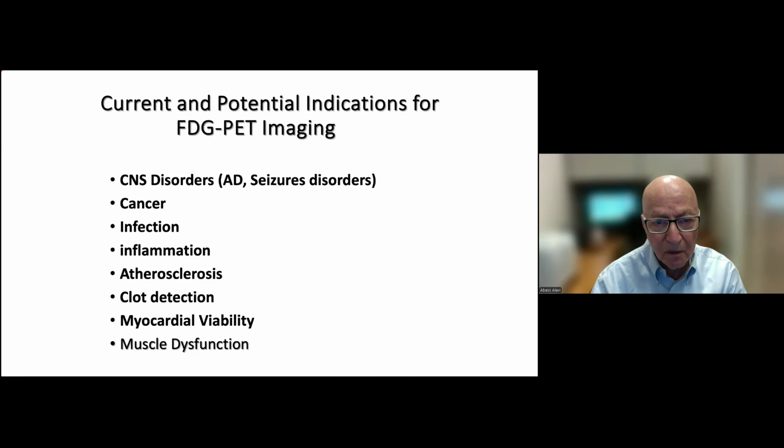FDG PET was introduced by investigators at Penn to look at central nervous system disorders, and then later we realized that cancer cells also have a lot of glycolysis, which FDG can detect. Infection and inflammation have become a major domain for FDG. Atherosclerosis, which is an inflammatory process, can be assessed by FDG.